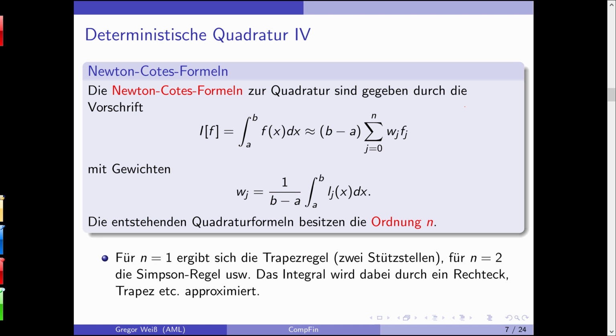This is equivalent. And the second thing that is interesting here is that those weights, if you standardize those integrals to an integration interval from 0 to 1, those weights will always be the same. Those are actually constants.